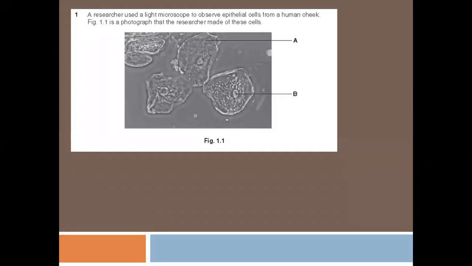The outermost boundary of these cells is the cell membrane, okay? While this part is called cytoplasm, and this part is the nucleus, okay? In the cytoplasm, there will be different organelles, right? Now if you see here, these cells are irregular in shape, like they have no specific shape. All these cells are irregular, right?